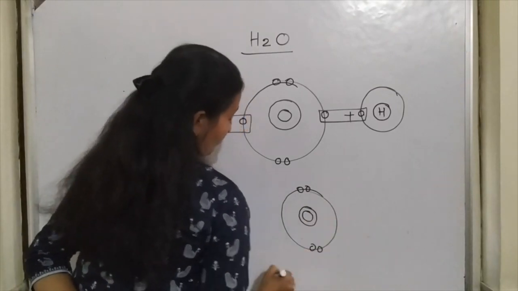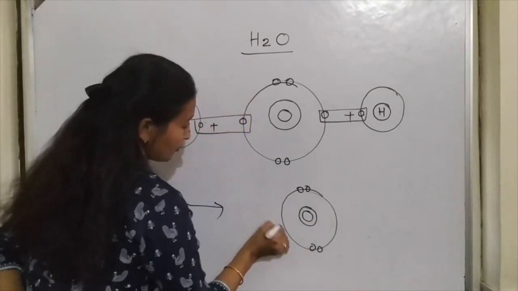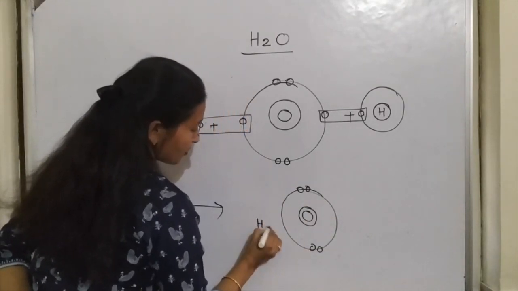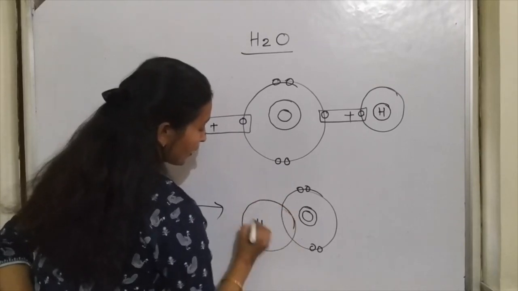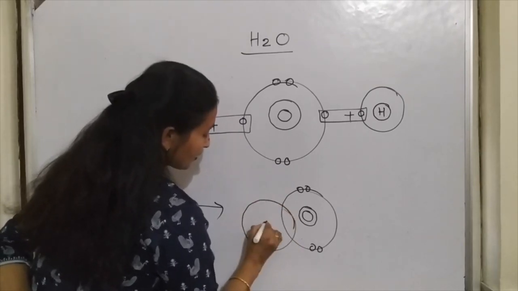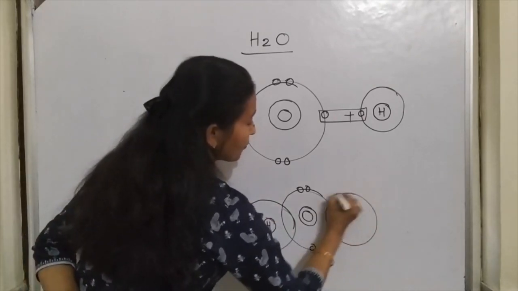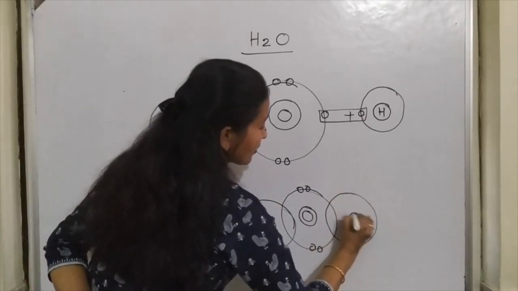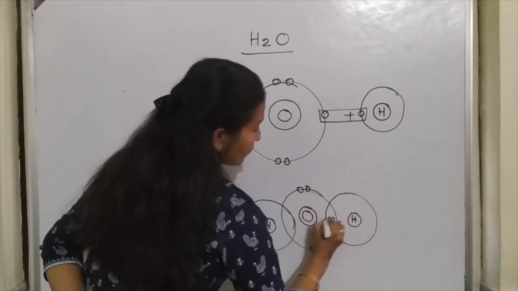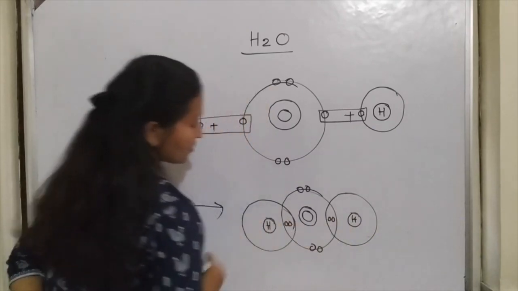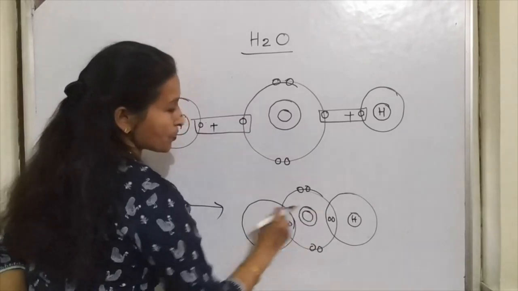We'll keep a hydrogen by its side. This is the hydrogen nucleus. We'll keep one hydrogen atom here also. There is the shared pair of electrons, and this is the shared pair of electrons.